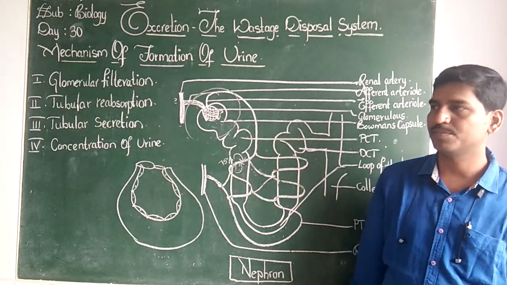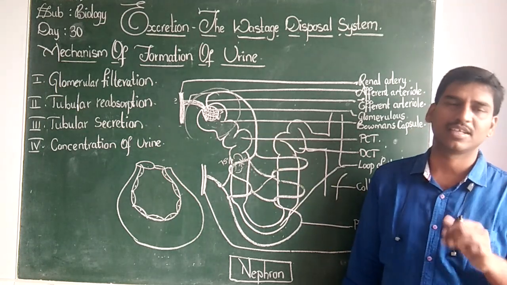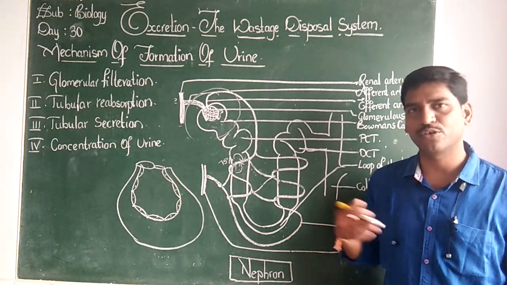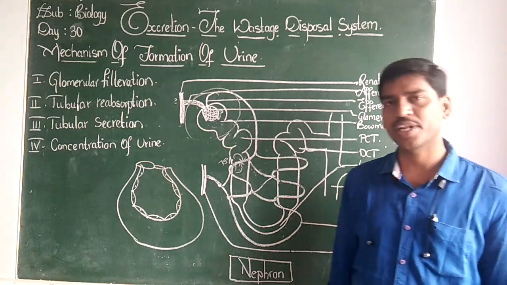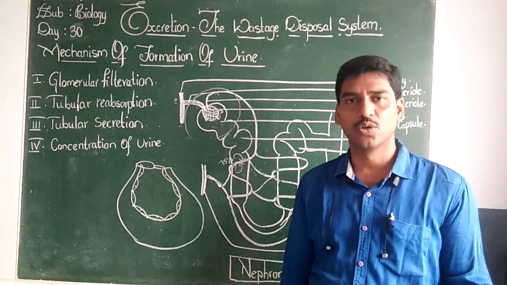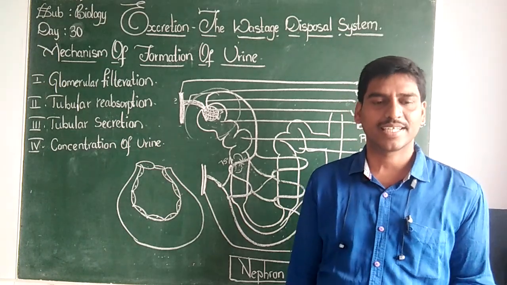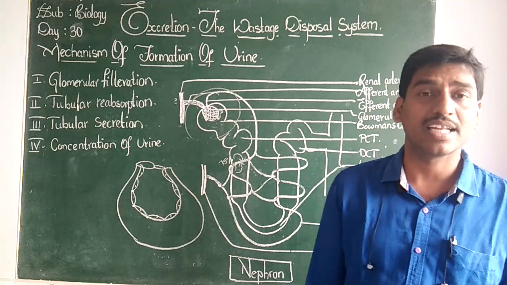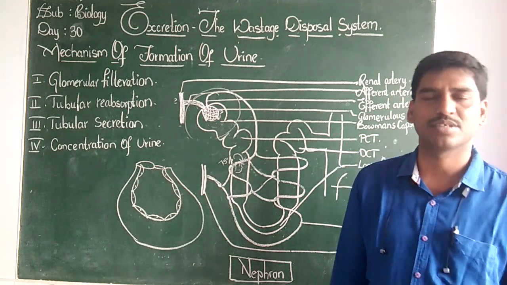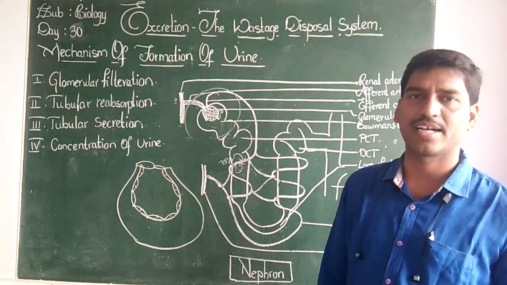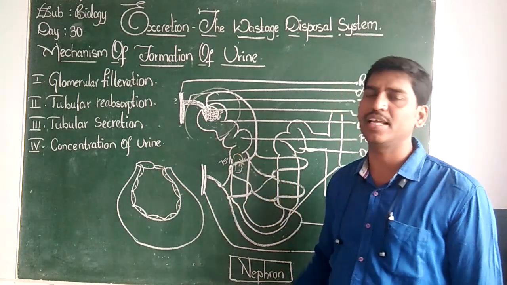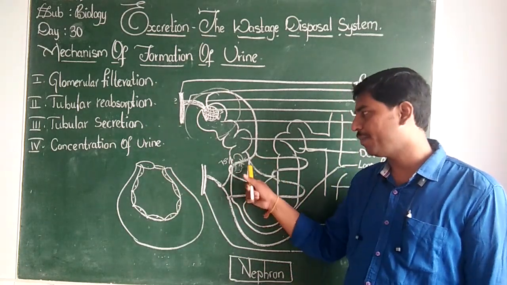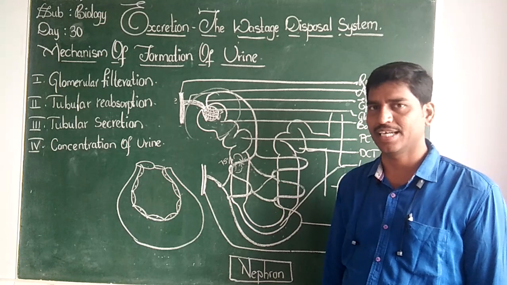In tubular reabsorption, the essential things required to maintain our osmoregulation, like glucose, vitamin C, certain amino acids, certain other organic compounds, certain inorganic salts like potassium or sodium salts, are all reabsorbed once again into the peritubular capillary network.